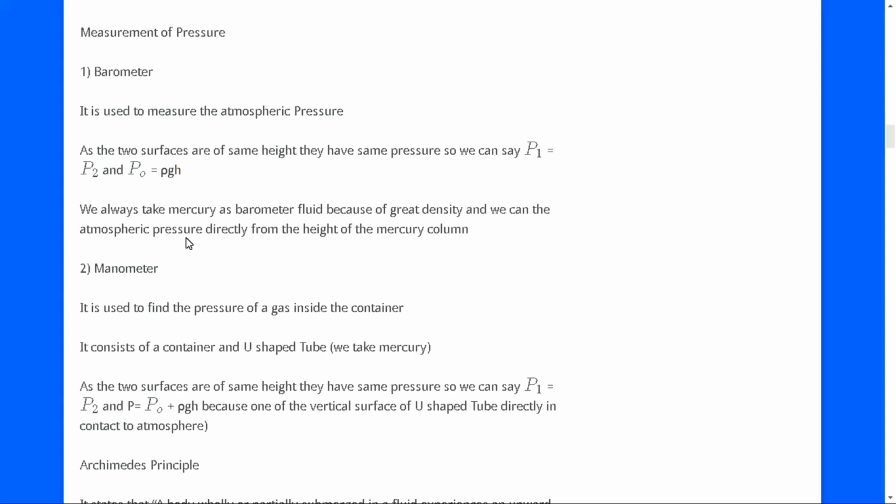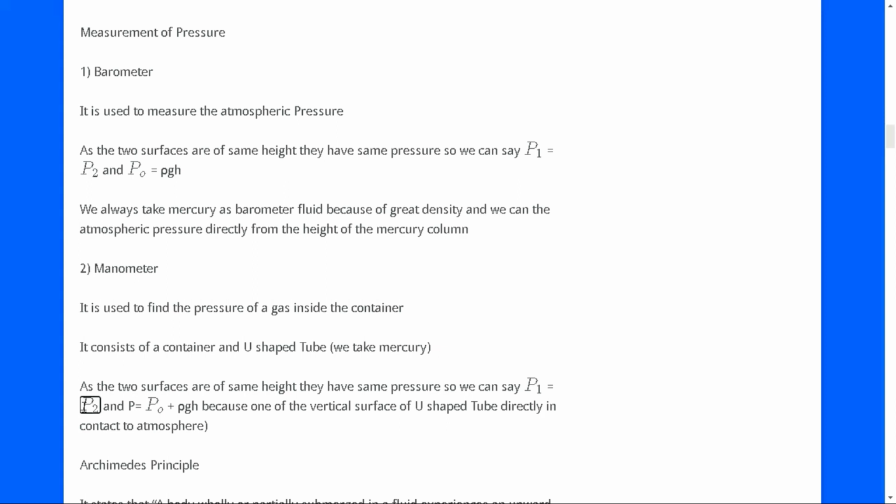Now the manometer. It is used to find the pressure of a gas inside a container, while the barometer is used to measure the atmospheric pressure. The manometer consists of a container and a U-shaped tube. In the U-shaped tube, we take mercury as the liquid. From the above, we see that as the two surfaces are at the same height, they have the same pressure. So P1 on one side is equal to P2.